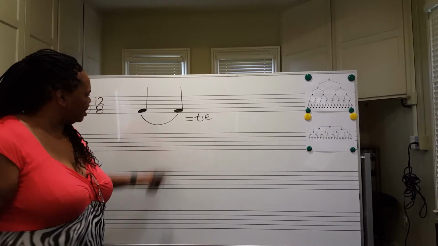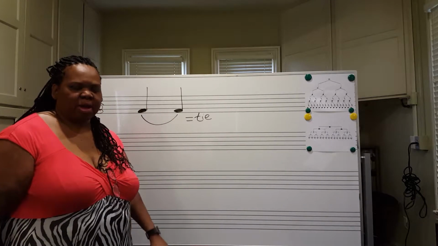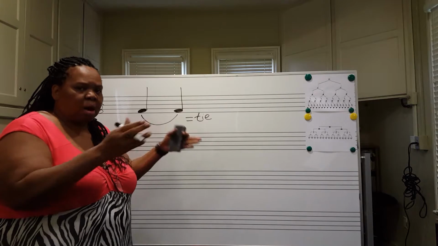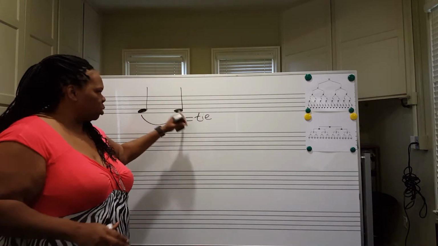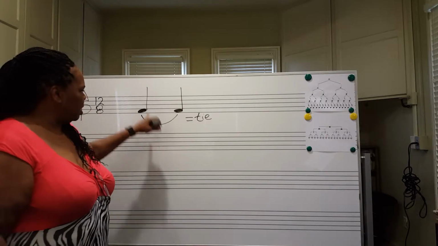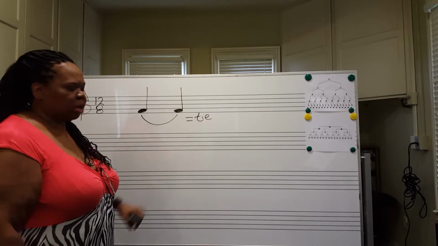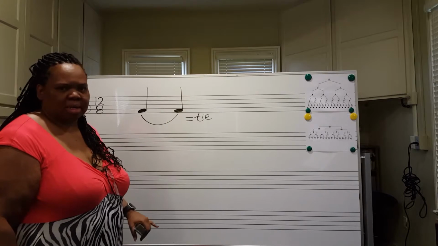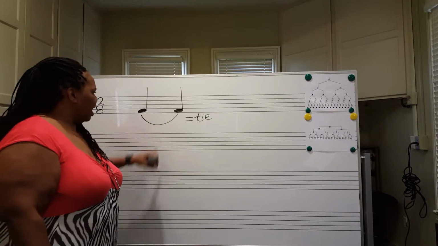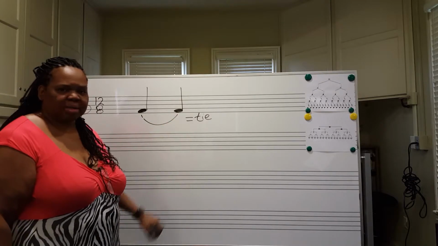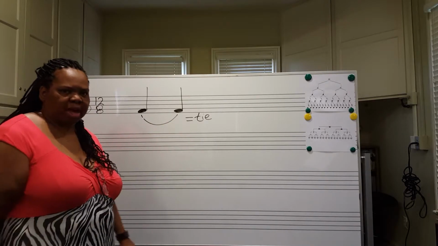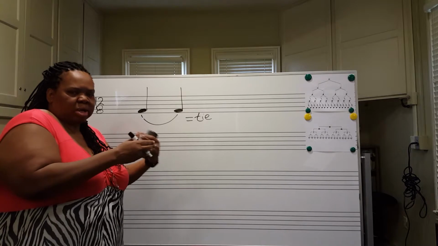And what a tie does, it ties 2 notes together and therefore elongates the notes in such a way that we don't repeat this note twice. So it's not going to be ta, ta, it's going to be ta. Okay, so watch again. Not ta, ta, but ta. And it bridges 2 notes together so that it would have one sound.